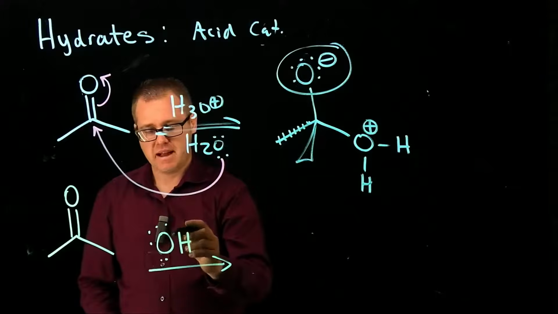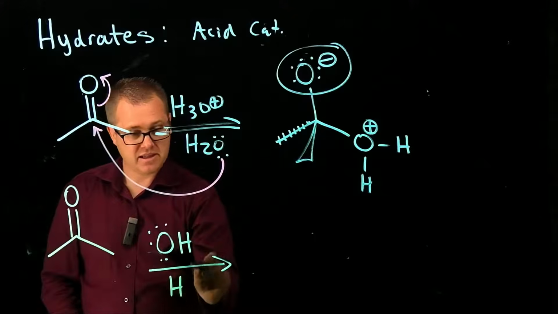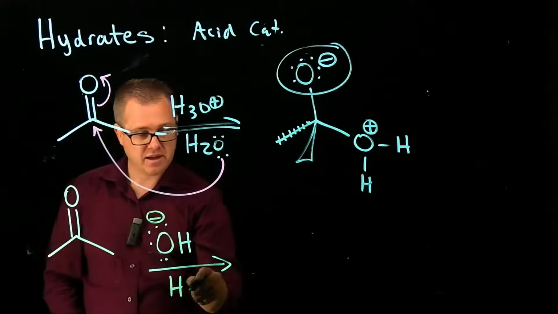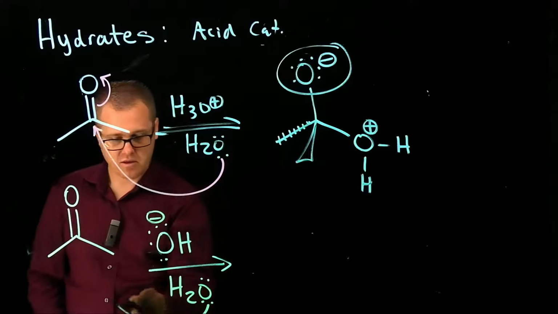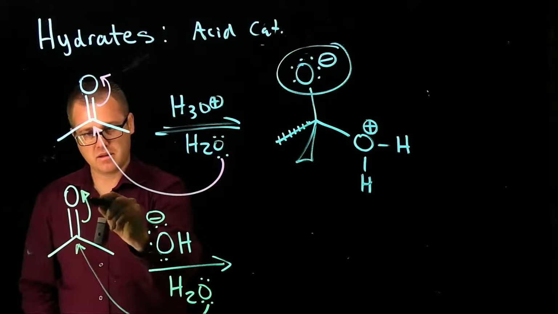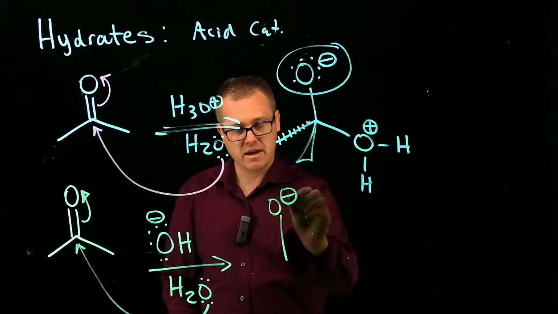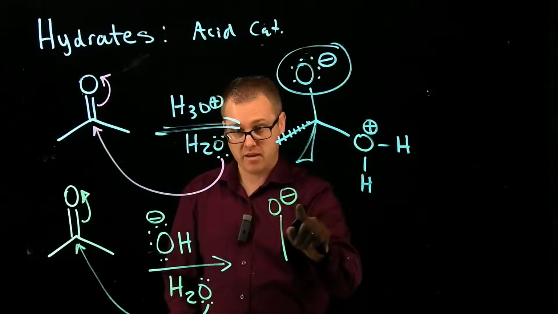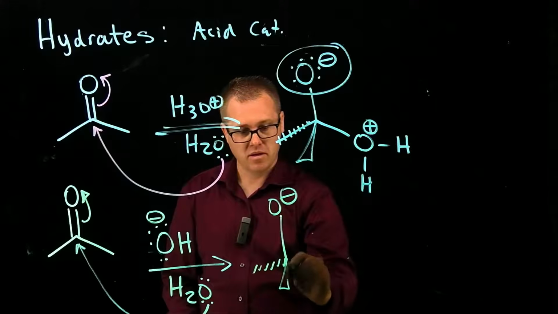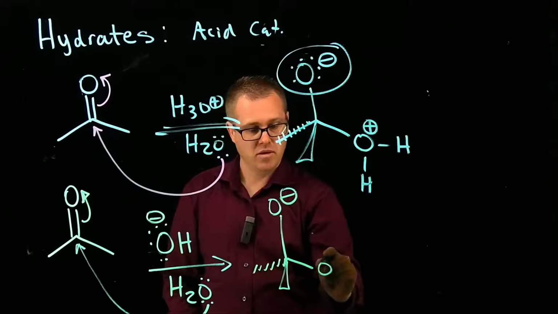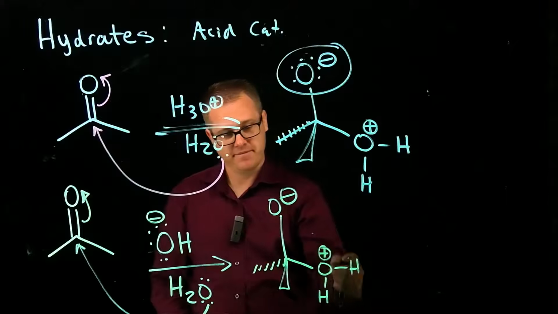So let's see, for example here, what if I, instead of using the hydroxide, I use the water instead? What if I did this? We would get an alkoxide, right? So that's good. That's okay. We're under basic conditions. But what did I just generate here?